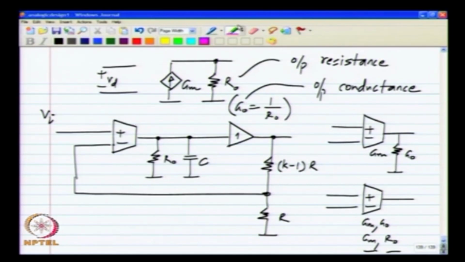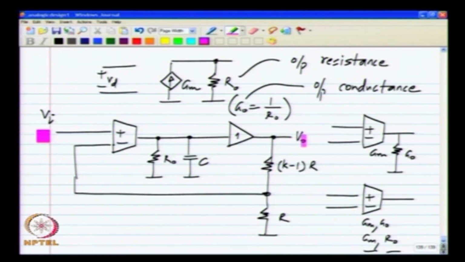Okay. So, again let us assume that Vi is a constant, and let us see what is the value of Vo that we get. Earlier, if Vi was a constant, eventually Vo would go to a value which is k times Vi. Okay. So, that is how we got the amplifier.